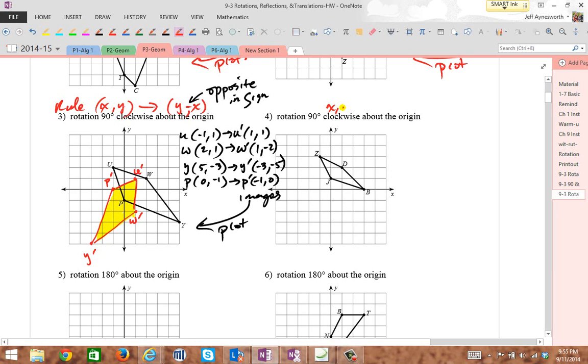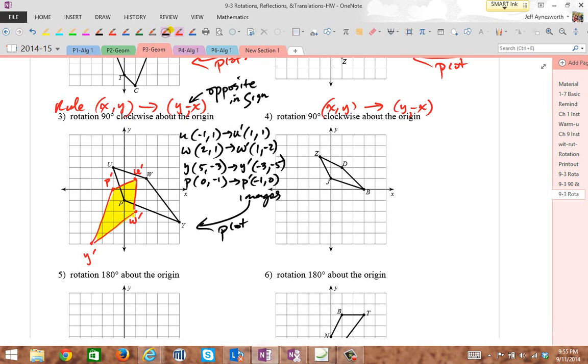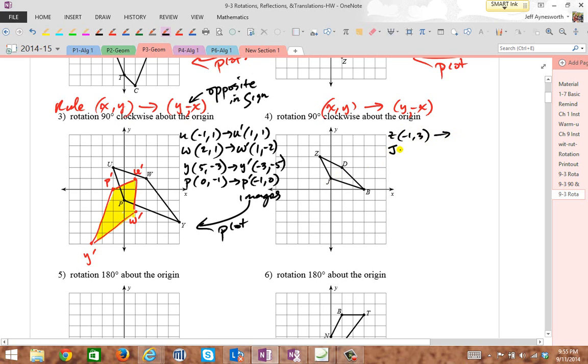All right, same rule over here. We're going to take every point. For a 90-degree clockwise rotation, you switch and take the opposite of x. Okay, so once again, you take the coordinates, and hopefully you're getting this now, because I'm being so repetitive, it's not even funny. J is 0, 1, and B is 3, 0, and D is 1, 2, and then you rotate them.